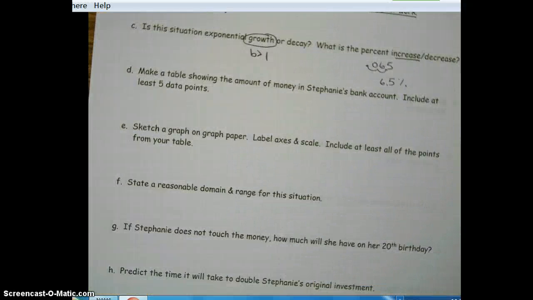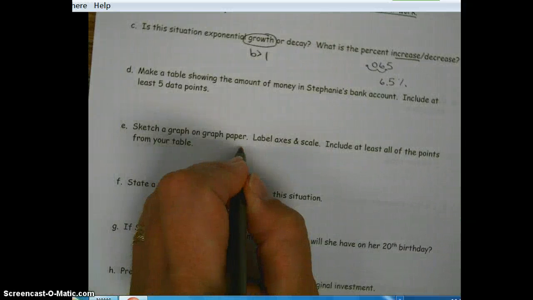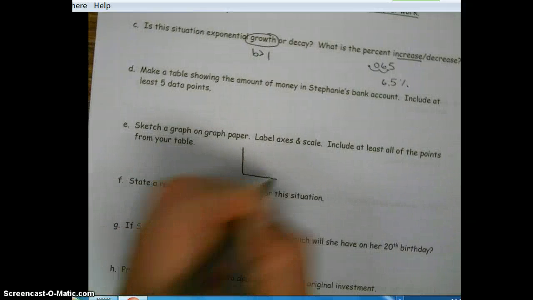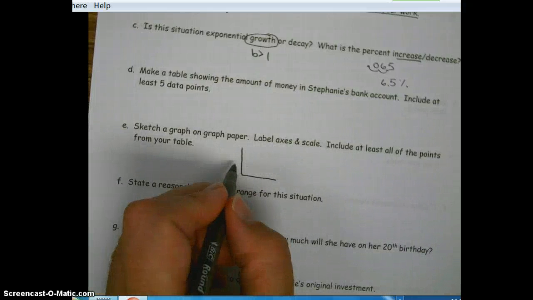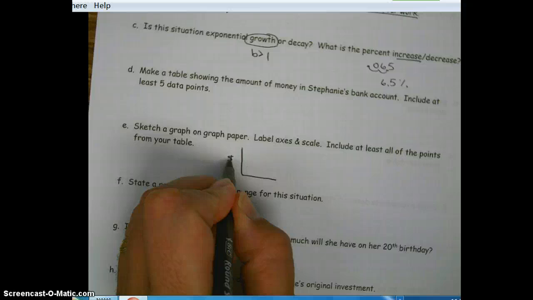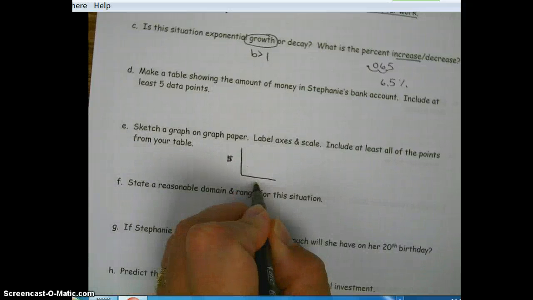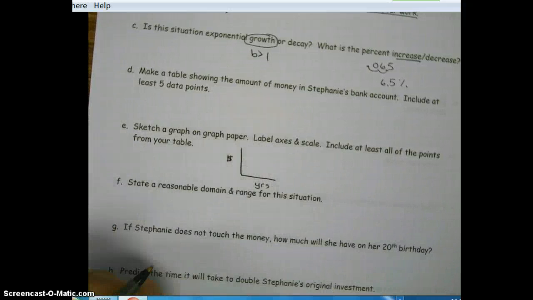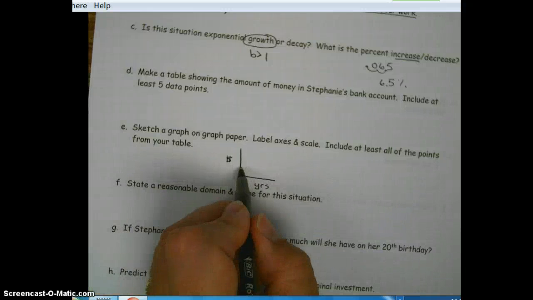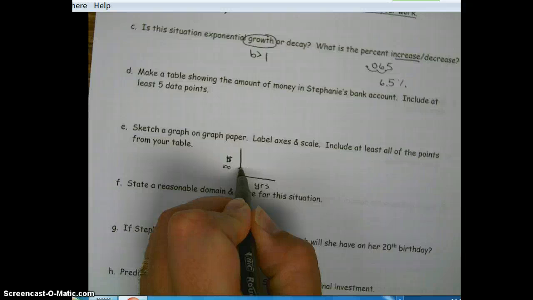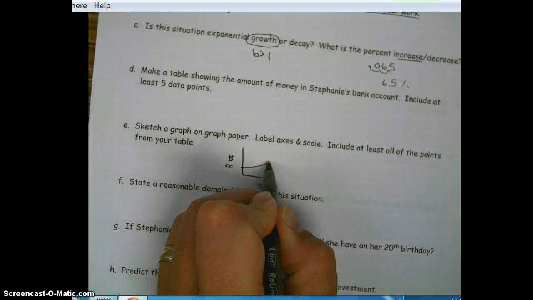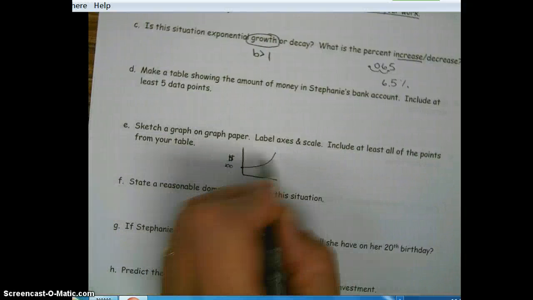E, sketch a graph. Label axis and scale. So I'm going to put money over here, time over here. So we're going to start off here at $100, and then over time it's going to increase.